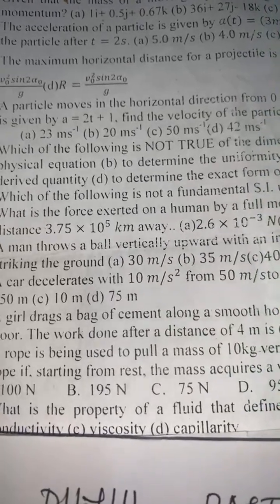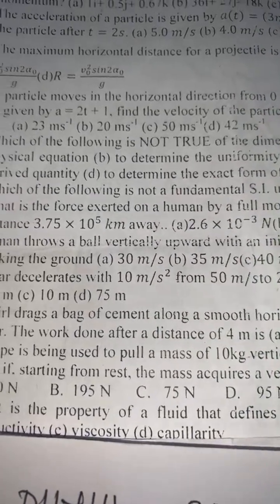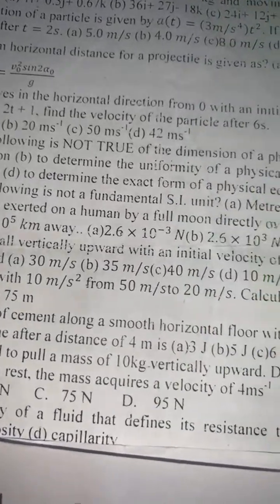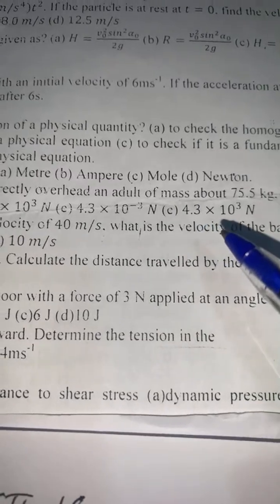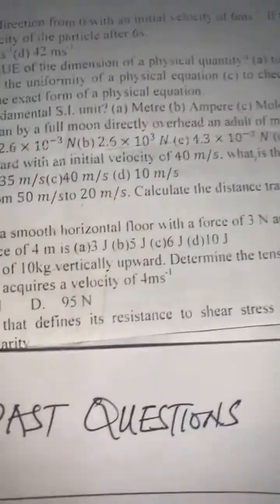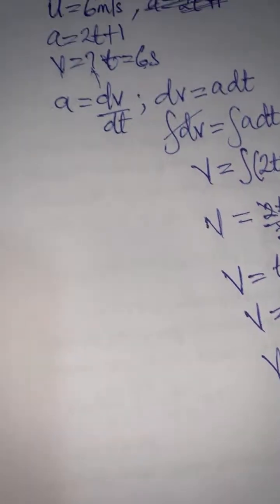Some persons have started giving the answers already. Have you solved it? Okay, these are the options. All right, so let's interpret that quickly. I hope you're with your calculator. Let's do this analysis.